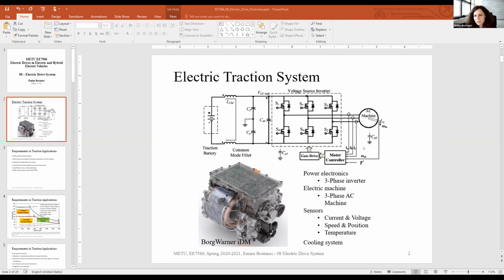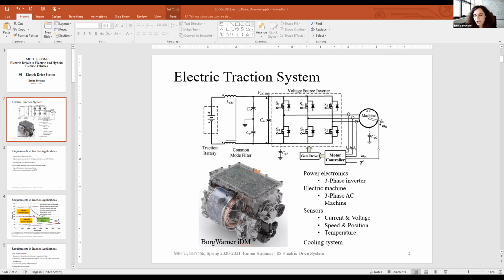Actually, this could also be a DC machine, but it is not common to use a DC machine in a high performance application. And as I'm going to talk about, almost all the machines are three-phase AC machines. So you can think that in an electric traction application, we use three-phase AC machines because of their better performance compared to DC machines.